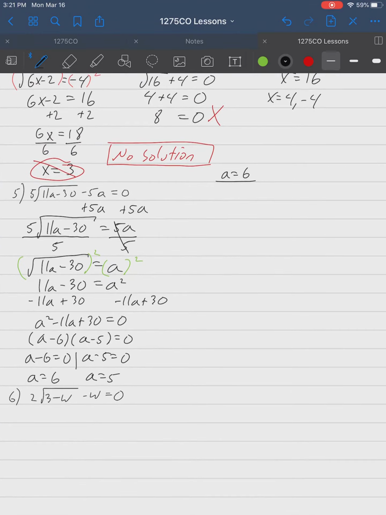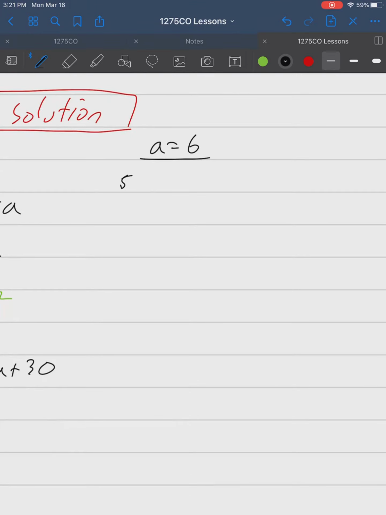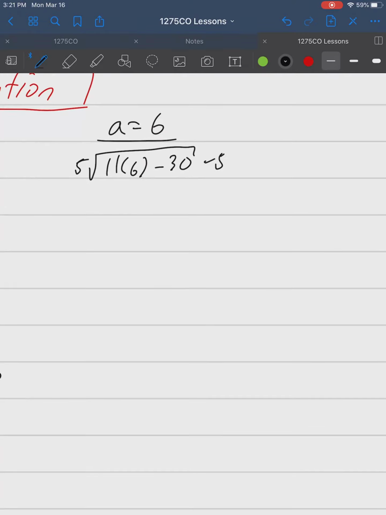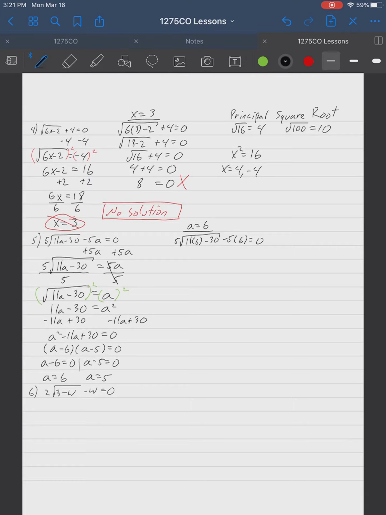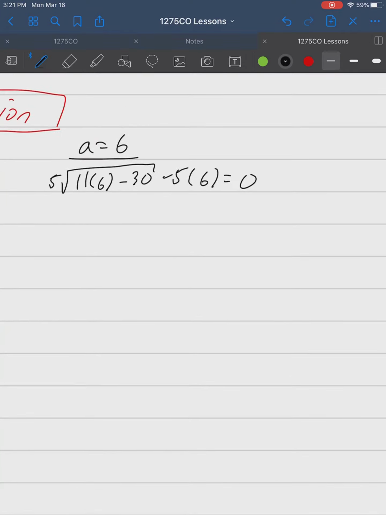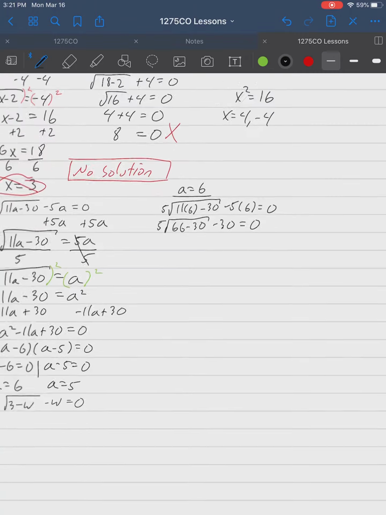A equals 6, we'll check first. That's going to be 5 radical 11 times 6 minus 30, minus 5 times 6 is equal to 0. This is the first check. So we get 5 radical 66 minus 30, minus 30 equals 0.